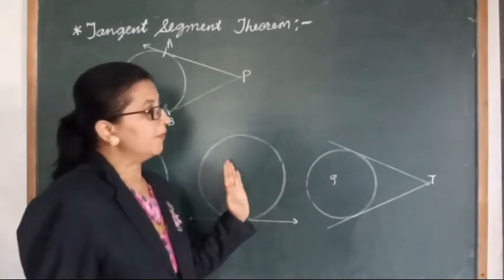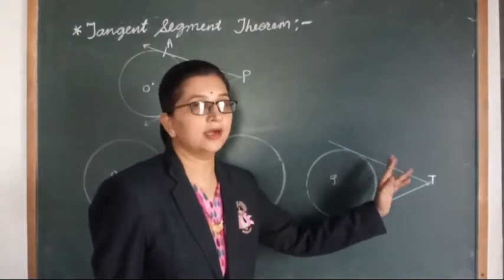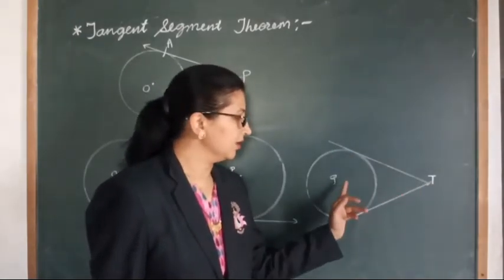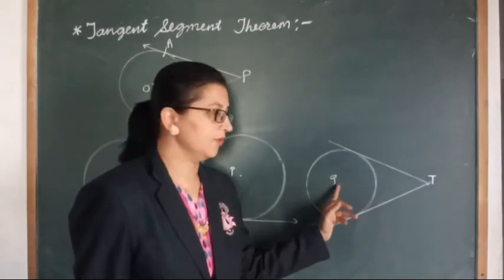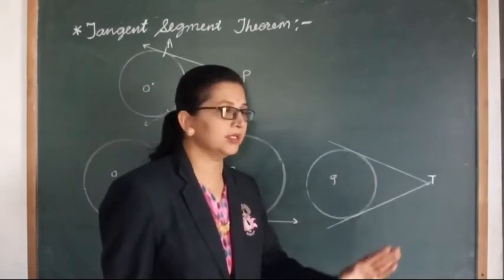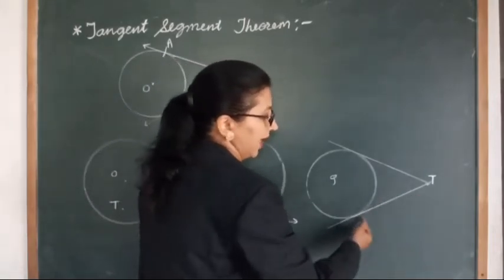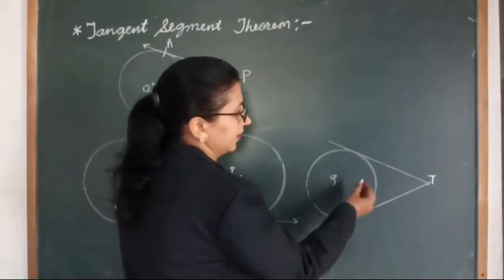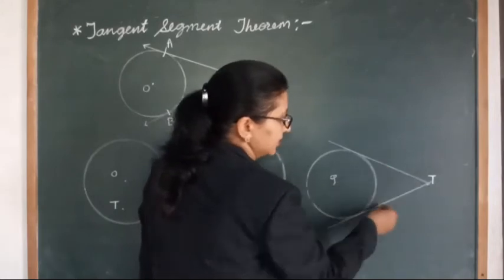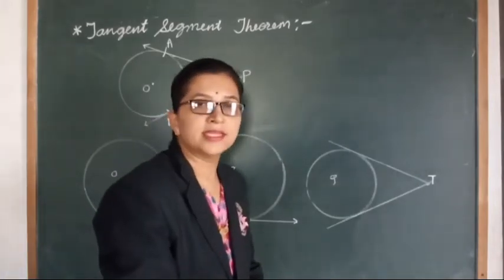While when the point is exterior to the circle, here there is a circle with center Q and point T is exterior to the circle, so we can get two tangents. Each of these tangents is called a tangent segment.